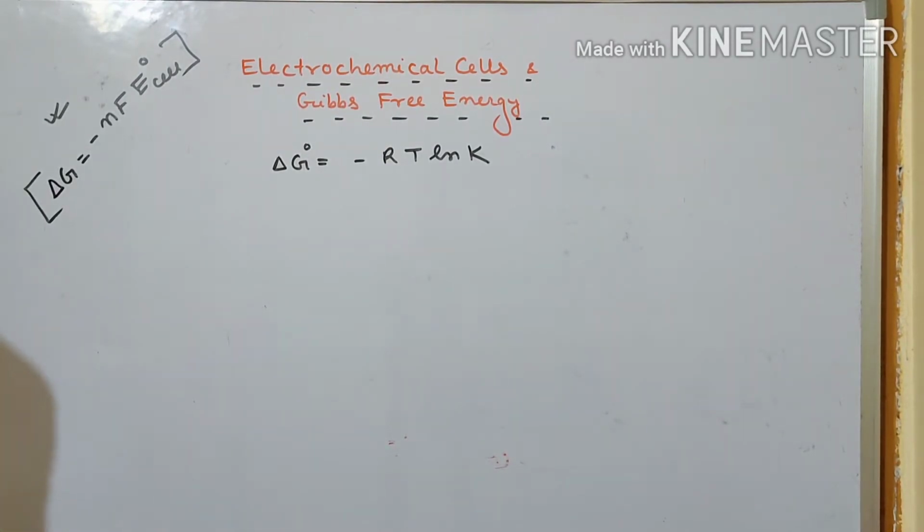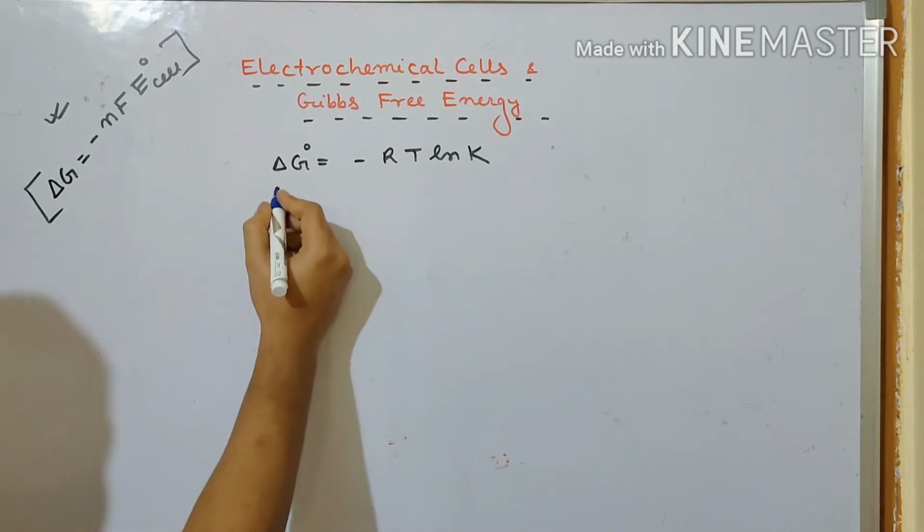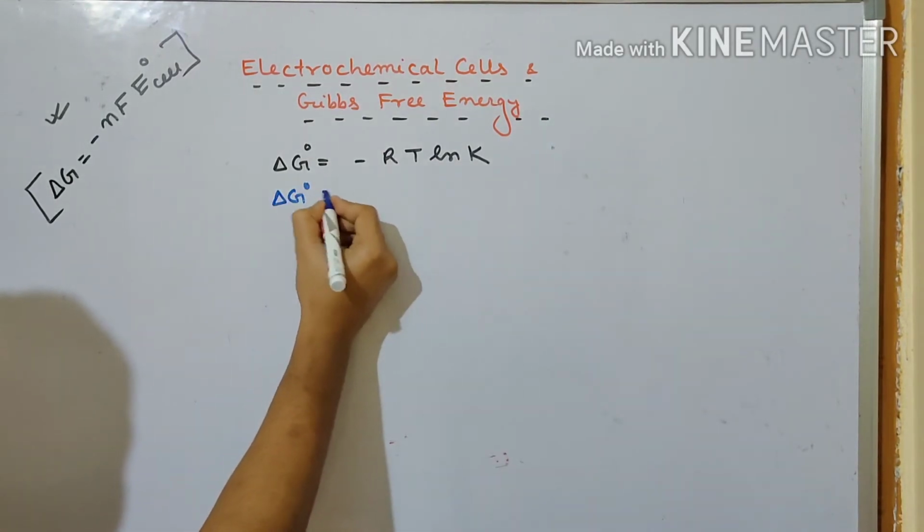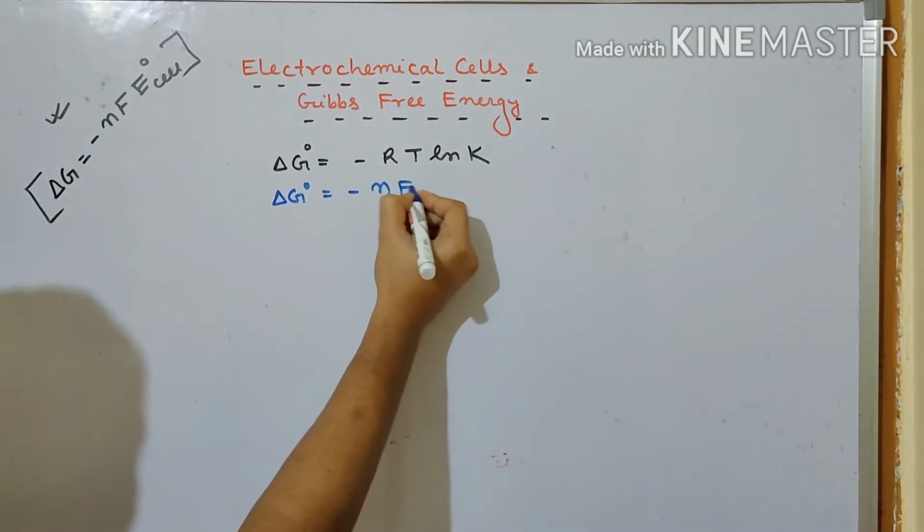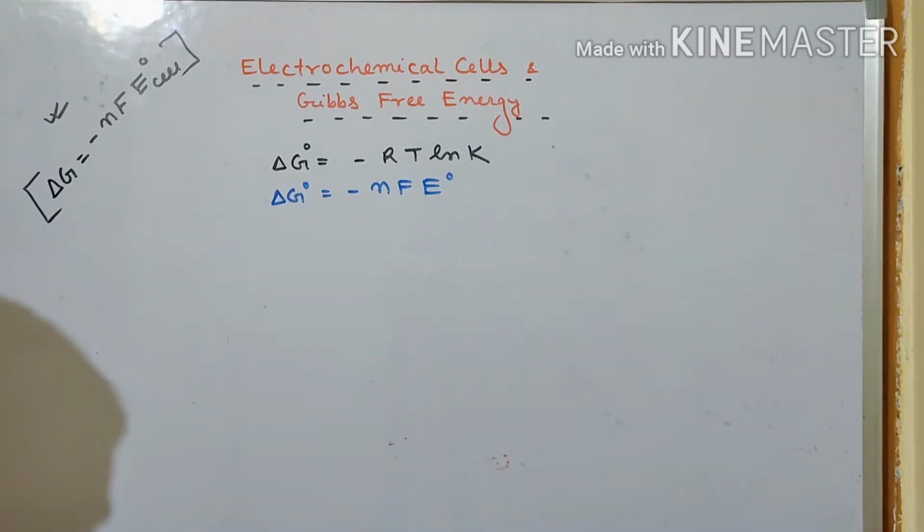And now we have seen that delta G is equal to minus nF E0.